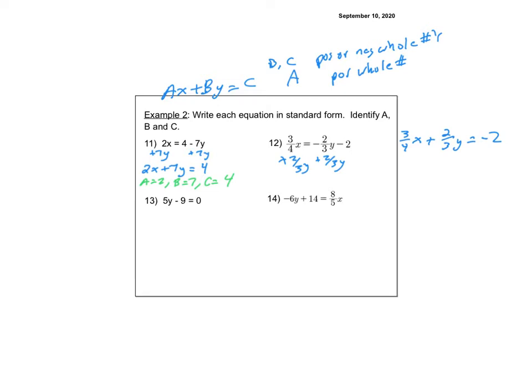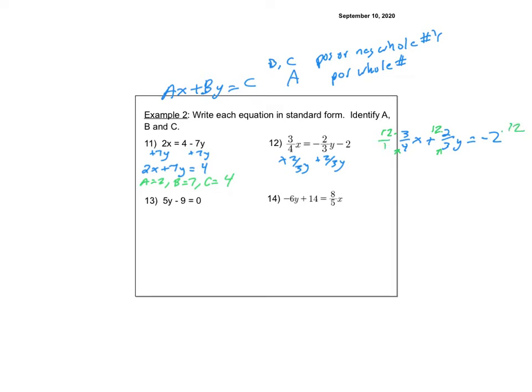So if you look at the denominators, we have a denominator of 4 and a denominator of 3, so our common denominator is going to be 12. If you don't know what it is, you can always just multiply the numbers in the denominators together. So 4 times 3 is 12. So I'm going to write a 12 there, and we're going to multiply 12 by every single term.